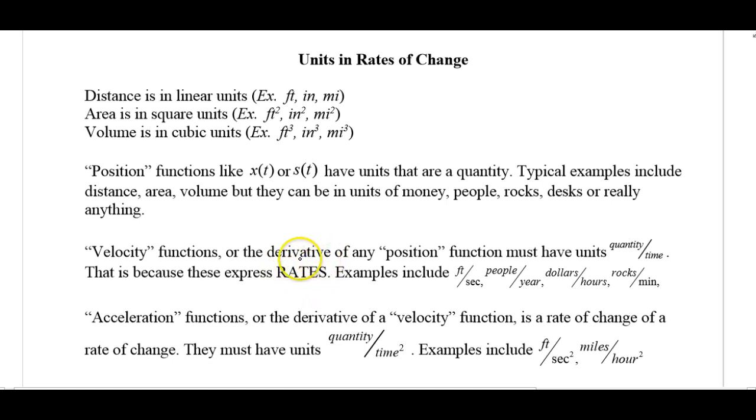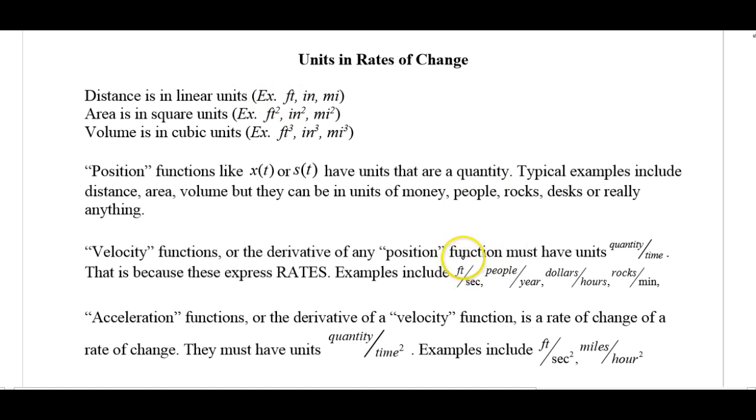So a rate, as we've said at the very beginning, is a ratio of two different quantities. So these derivatives of position functions need to look like feet over second, so a quantity over a time, or people per year, or dollars per hour, or rocks per minute. Right now it looks like these examples need to be a linear unit, so feet.